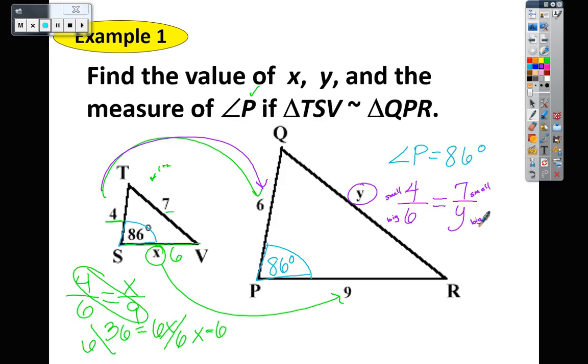We get 4y equals 42. Divide by 4, divide by 4, and we get 10.5. Because I did this 7 to this y, our leg for y is 10.5. So we have found x, y, and the angle P. We did that by setting up our proportions and then relating our smaller figure to our larger figure.